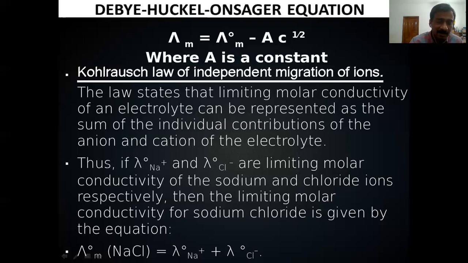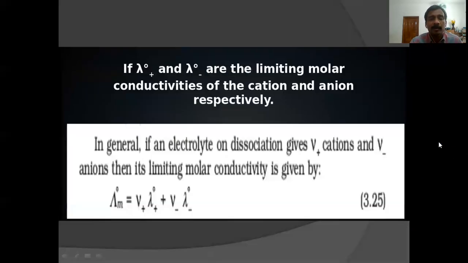We can generalize this equation. During dissociation of an electrolyte, suppose gamma plus positive ions and gamma minus negative ions are produced.